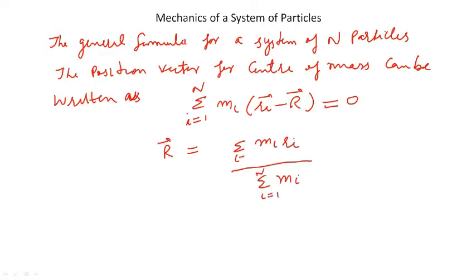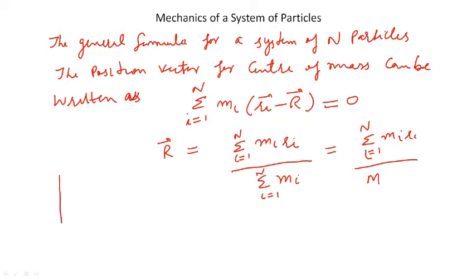So it can be written as sigma i from 1 to n, mi ri upon capital M, where M is the total mass of the system.